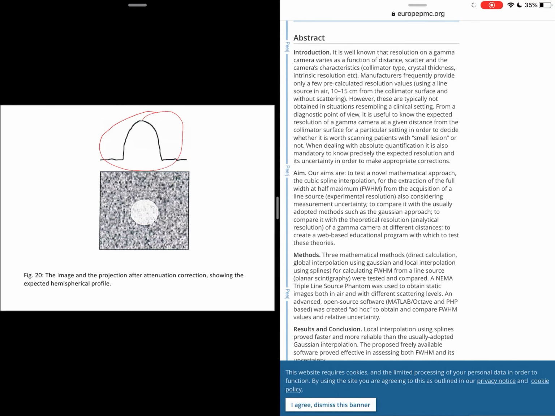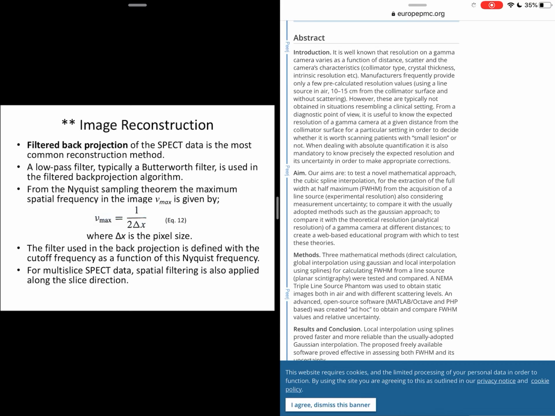The effect of the attenuation correction on the SPECT image is shown in figure 20. So this is after the attenuation correction.